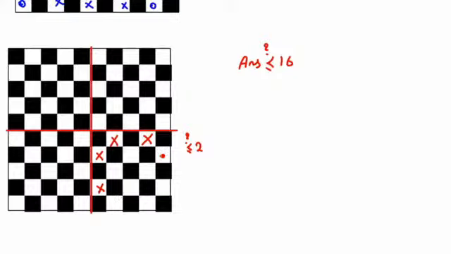So we can say that, for example, we cancel this one because of here, and we cancel this one. Okay, so here, if we consider this one, we cancel this. If we consider this, we cancel this. We go here, we cancel this. We go here, we cancel this.